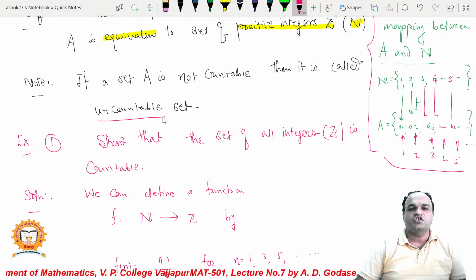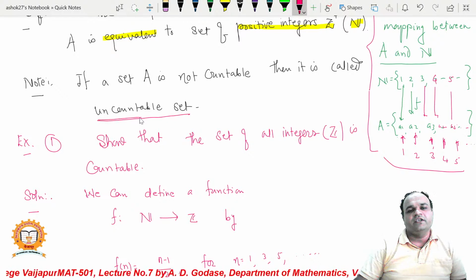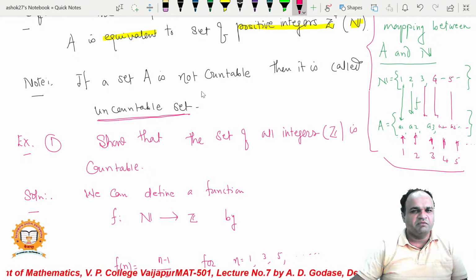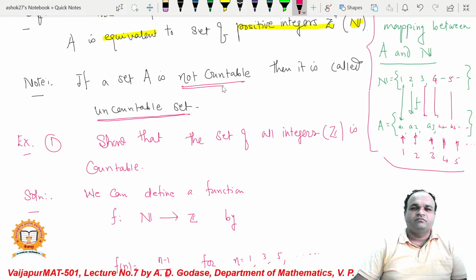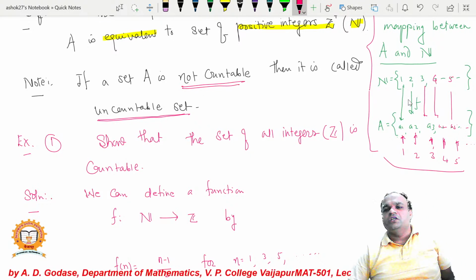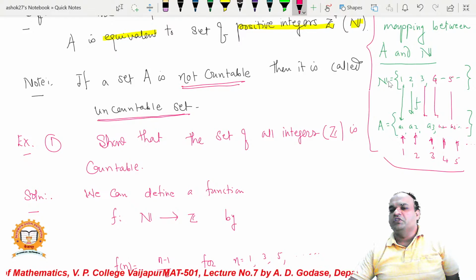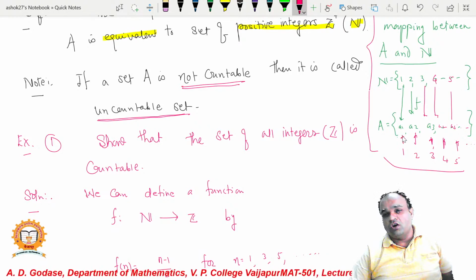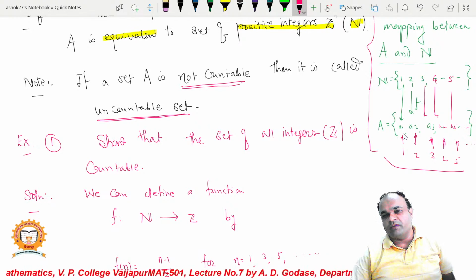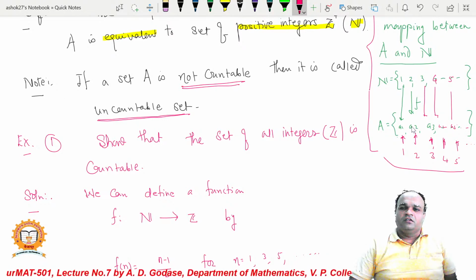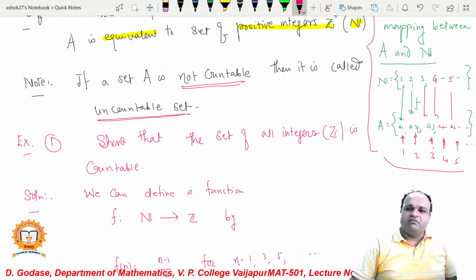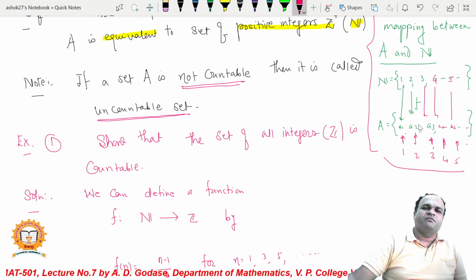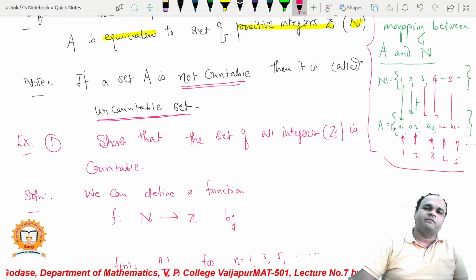This means there does not exist a one-one correspondence between the set of natural numbers and set A. You are not able to give counting to the elements of A, you cannot determine which is the first, second, or third element of that set. In that case, that set will be an uncountable set.